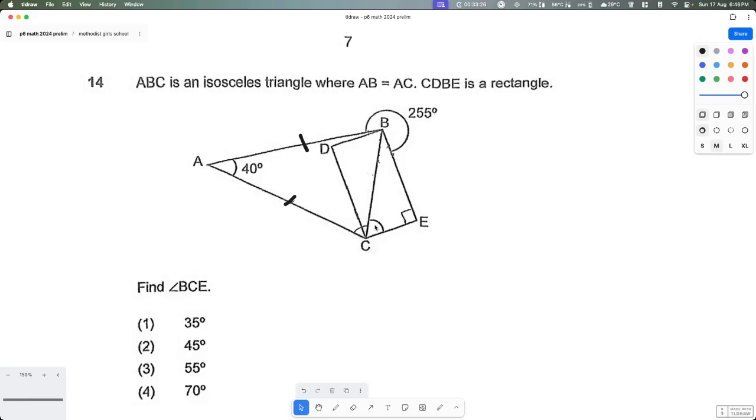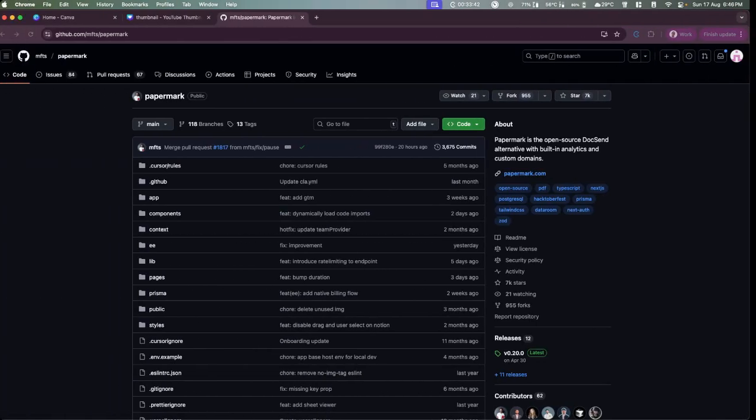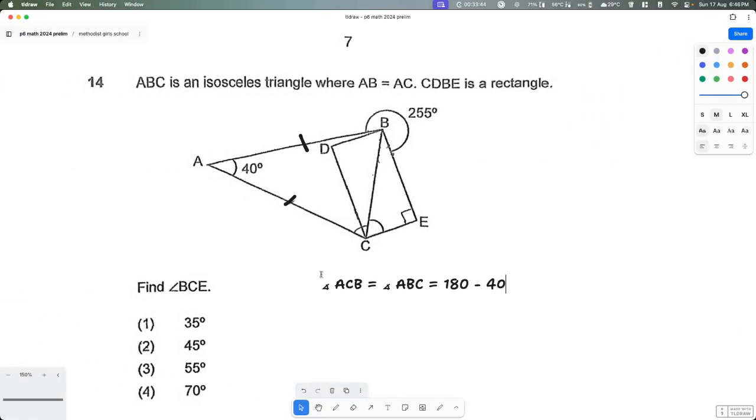So first we can get angle ACB. Angle ACB is equal to angle ABC, which is equal to 180 minus 40, divided by 2.